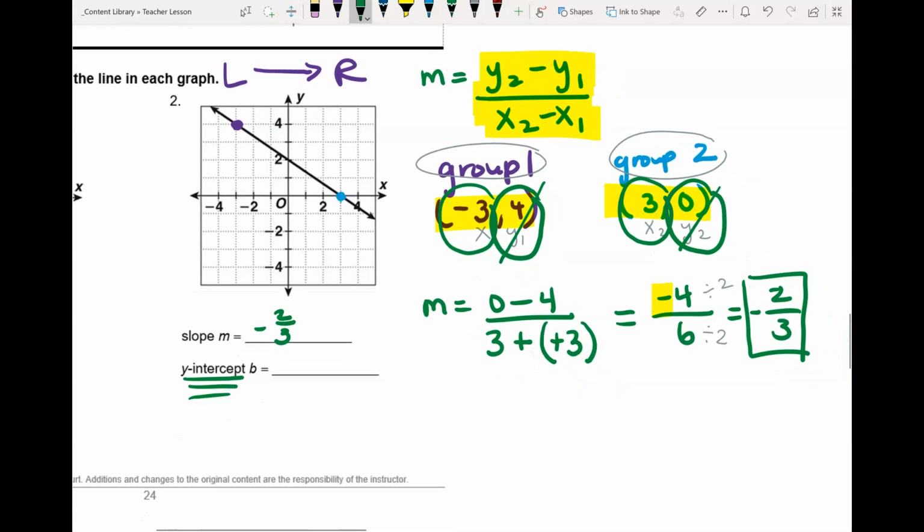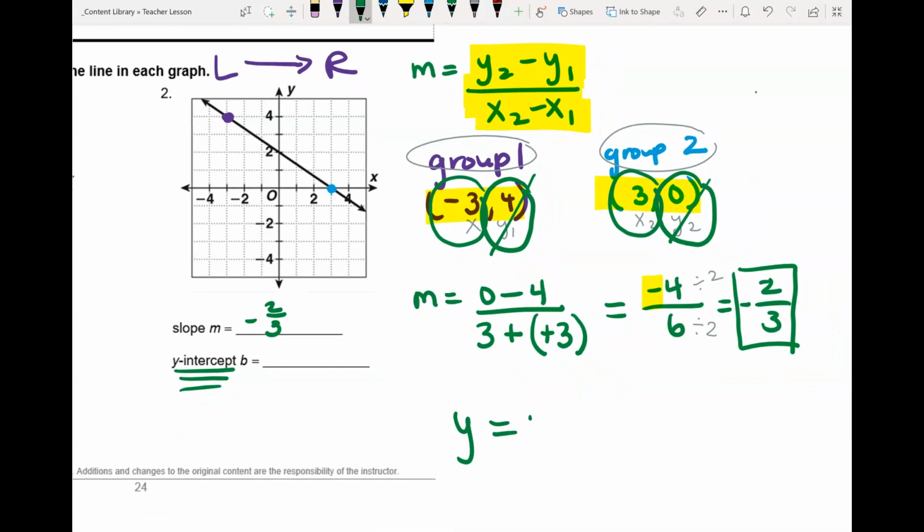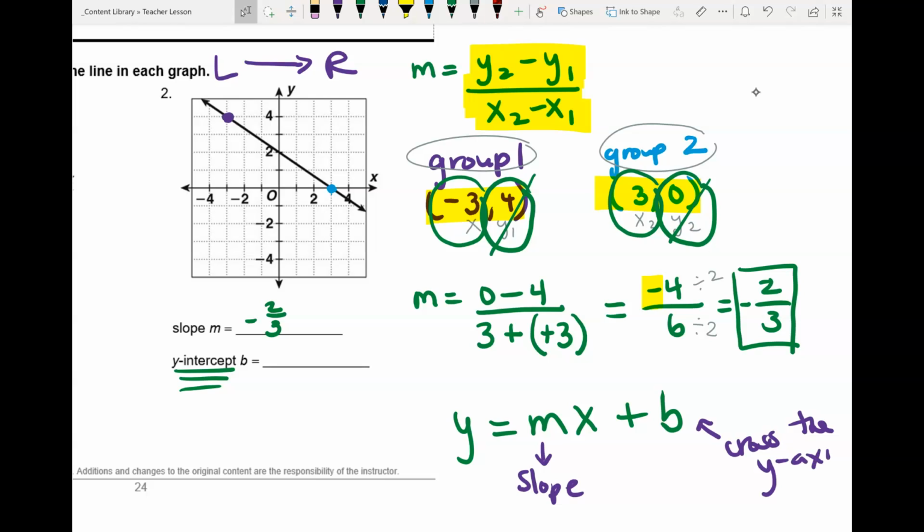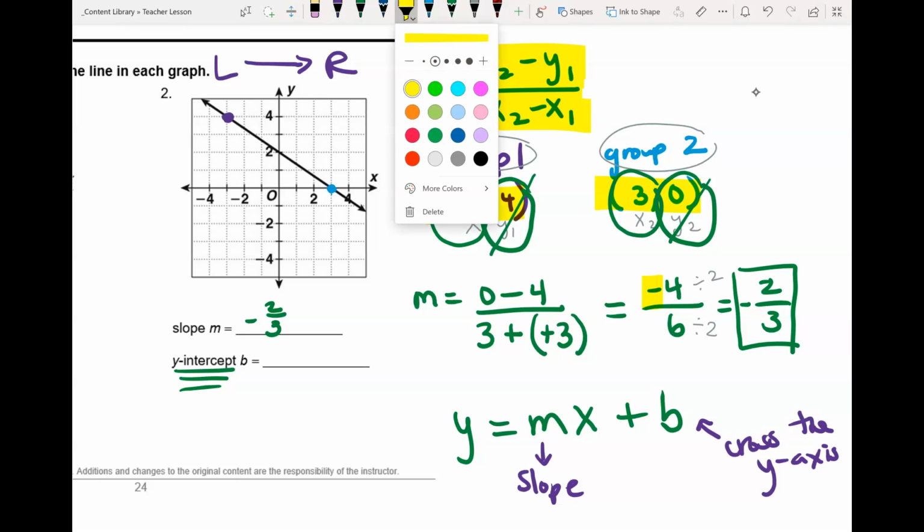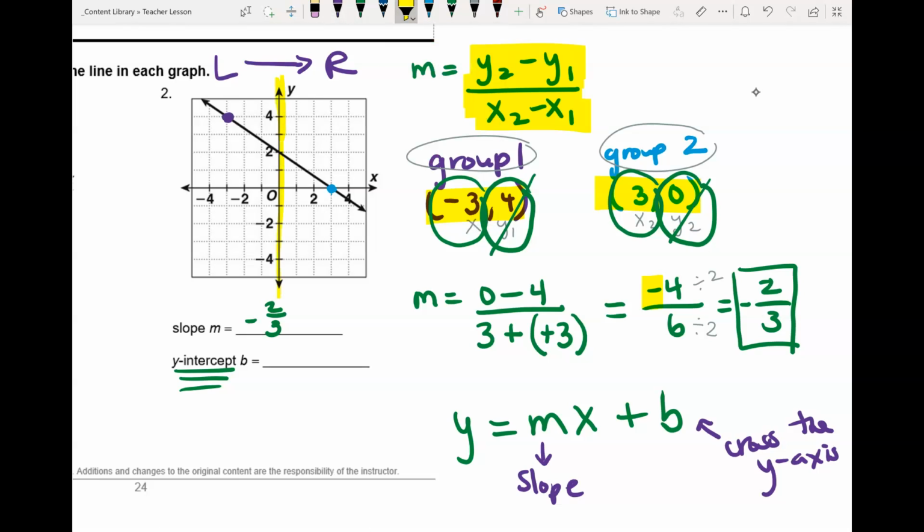Now, what is my y-intercept? And remember, y equals mx plus b, where this is my slope, and this is what crosses the y-axis. And if you look at this, going on this line right here, meaning the y-axis, where does that line cross, at what point?